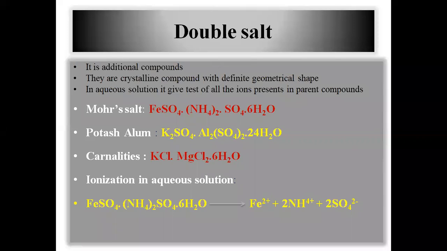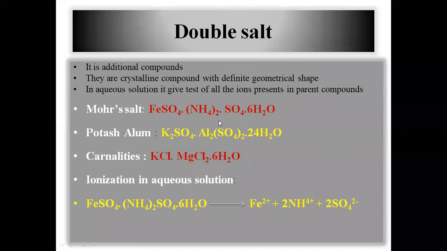There is a simple bonding between these salts, but when you ionize this salt, it is completely ionized. For example, you see here Mohr's salt, FeSO4, simply known as ferrous ammonium sulfate.